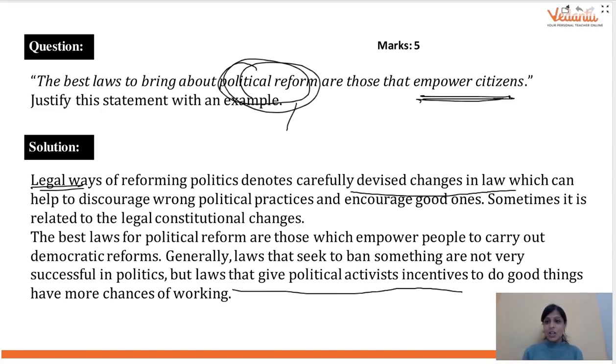Cool, guys. So first talk about how it empowers the citizens and pull out some points. Then you can talk about the legal ways, and bring out changes that empower the citizens by molding the democratic setup, or maybe banning something that's not very successful in politics.